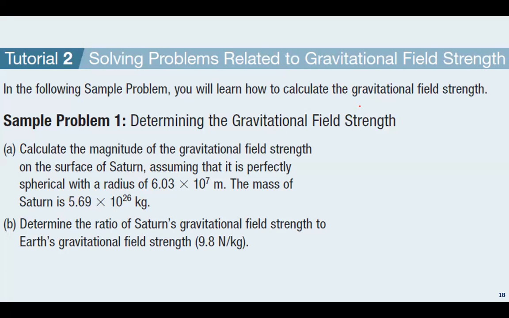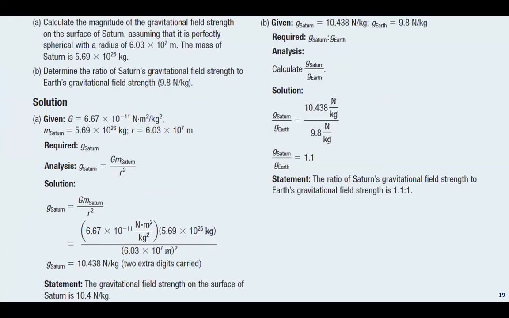All right, let's have a look at the solution together. According to the definition of gravitational field strength, note that gravitational field strength is just a force of attraction per unit mass, right? Therefore, we know the formula to calculate the gravitational field strength should be uppercase G times m over r squared, right?